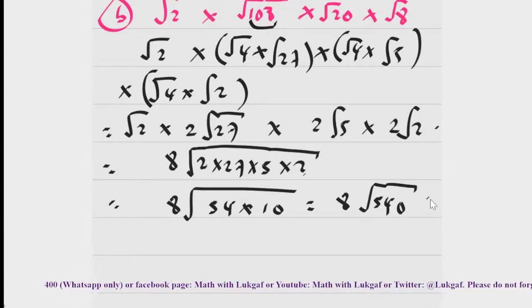I'm thinking if we can simplify it further. Do we have any number here such that it's one of the perfect squares? So let's see.